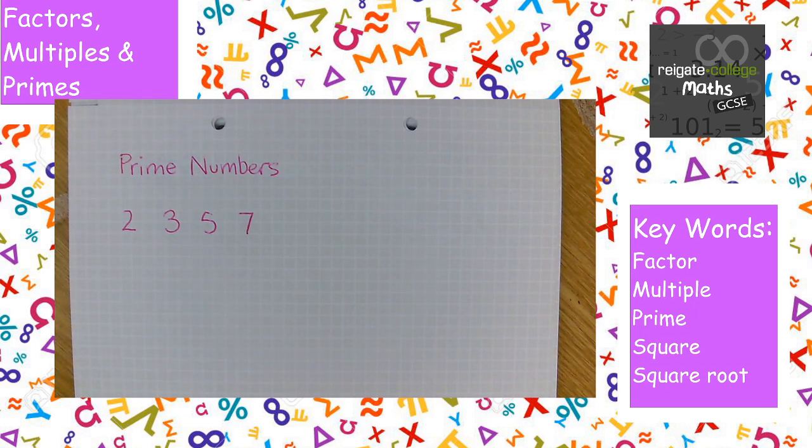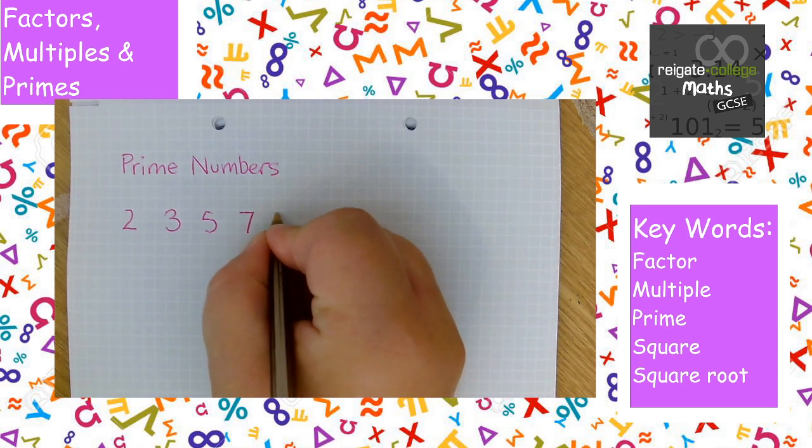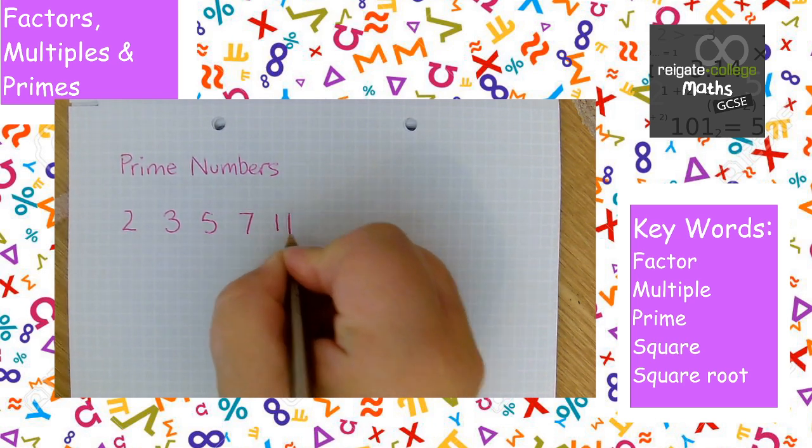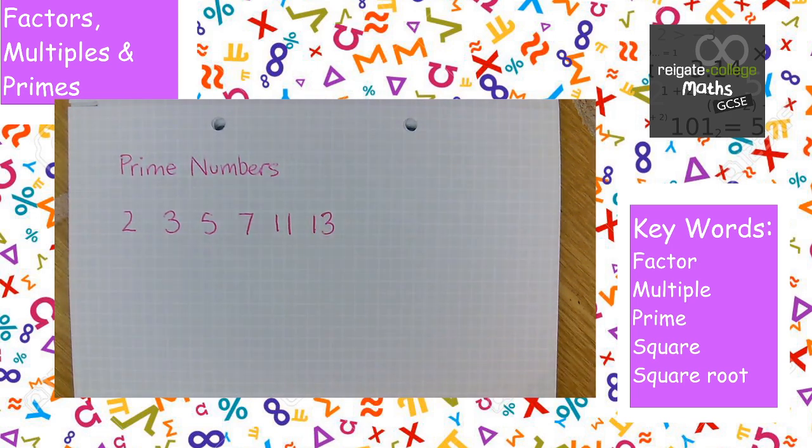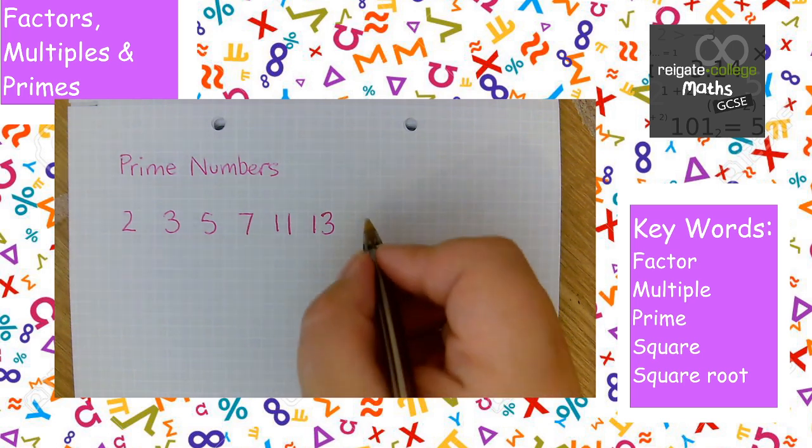So the next prime number after 7 is 11. Then 13, not 15, because 15 is in the 3 times table and the 5 times table.